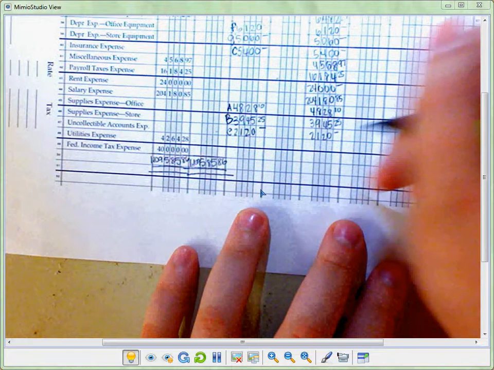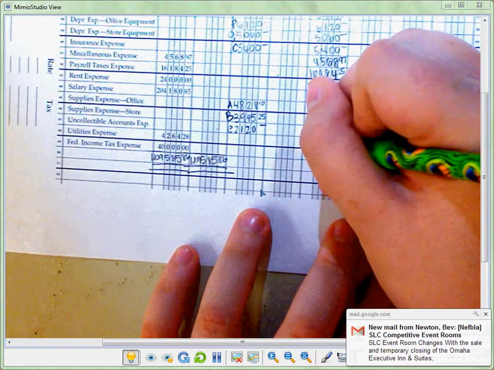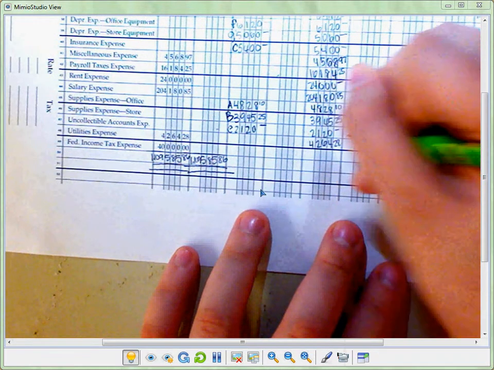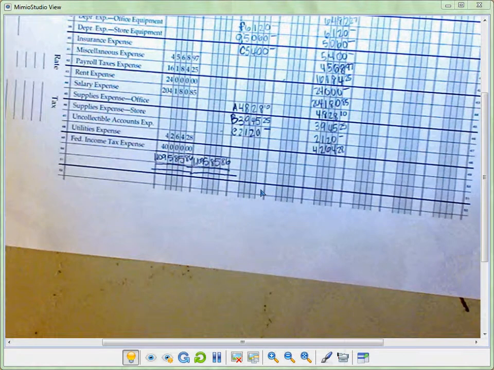And $4,264.28. Okay, we're not going to do the federal income tax expense yet.